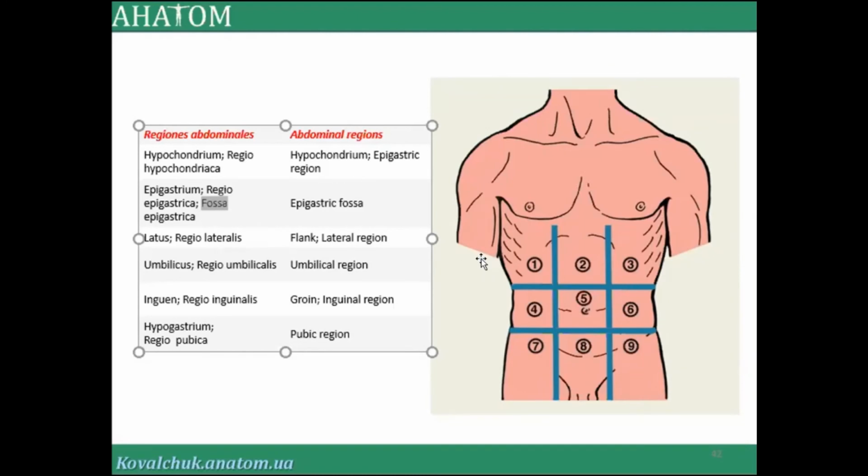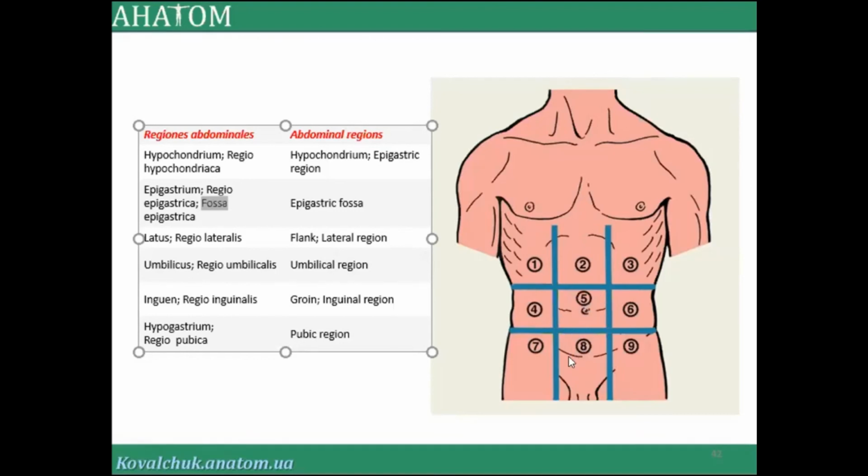And there are 3 floors: epigastrium, mesogastrium, and hypogastrium. The epigastrium's first and third are the hypochondrium regions, right and left, yes, and second, number 2, is the epigastrium, the epigastric region. 4, 5, number 5 is the umbilicus, the umbilical region.